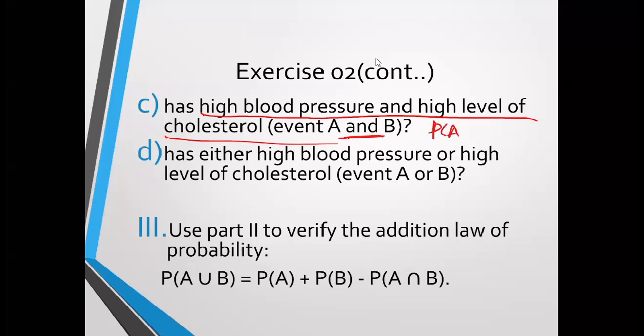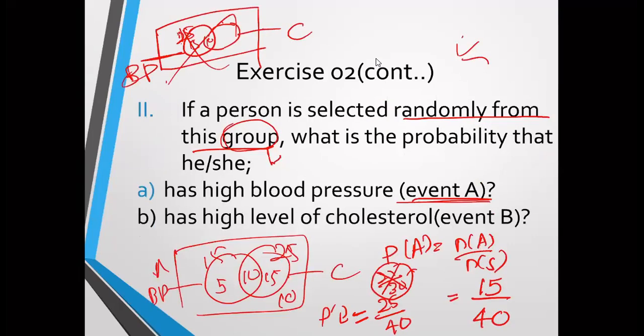Probability of A intersection B is N(A intersection B) divided by N(S). That is equal to 10 over 40, because we have found A intersection B as 10.